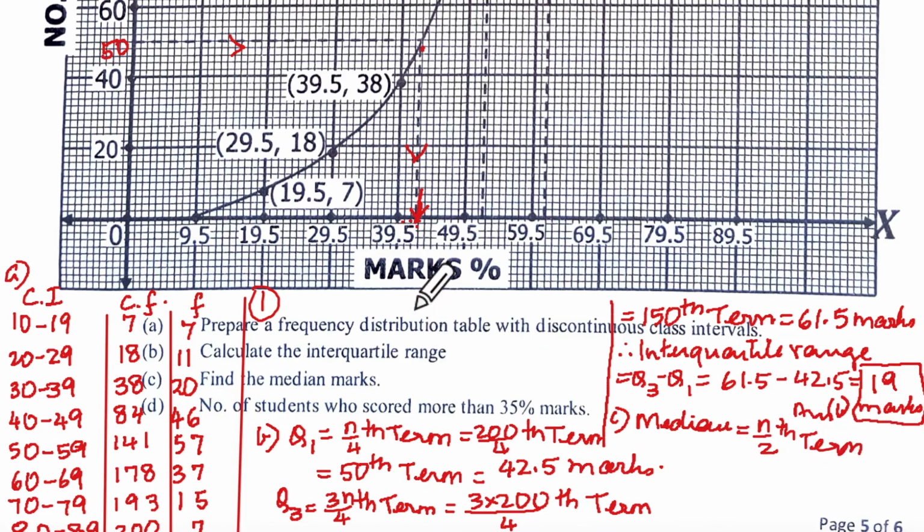But if it is raw data, like 23, 24, written in ascending order, and n is even, the median is half into the n upon 2th term plus the n upon 2 plus 1th term. That formula we do not use for ogive.